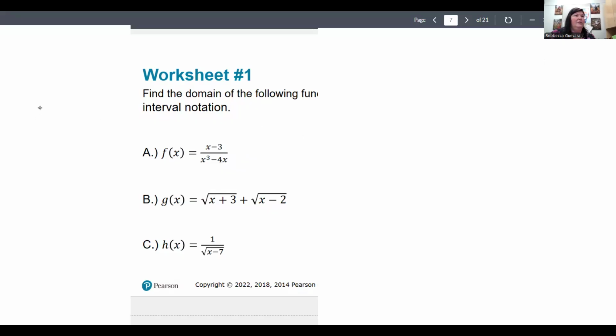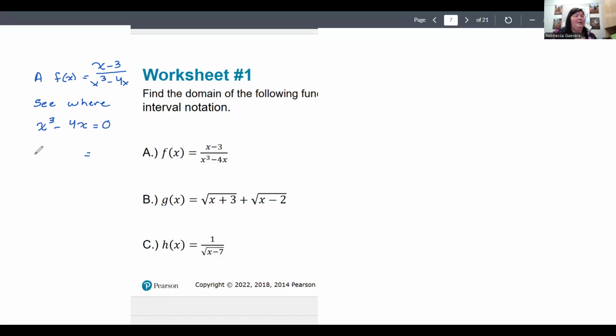Okay, so we'll start with a over here. We have the function f(x) is equal to x minus 3 over x cubed minus 4x. So we want to see where that denominator, x cubed minus 4x, equals 0.